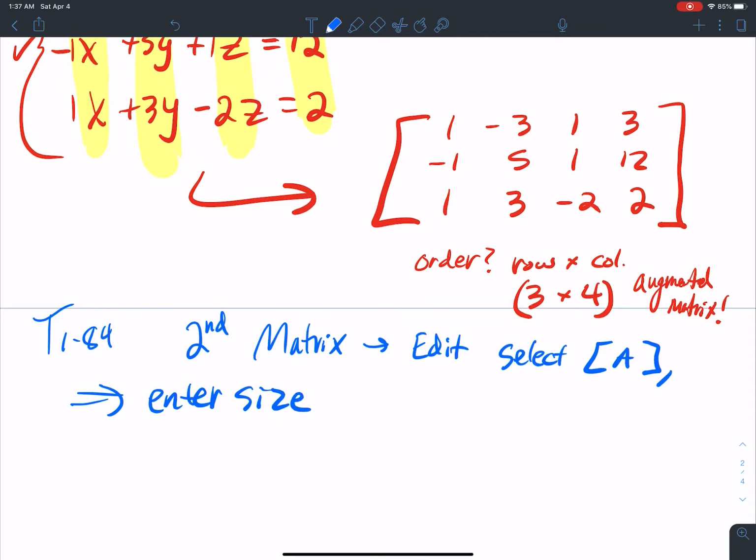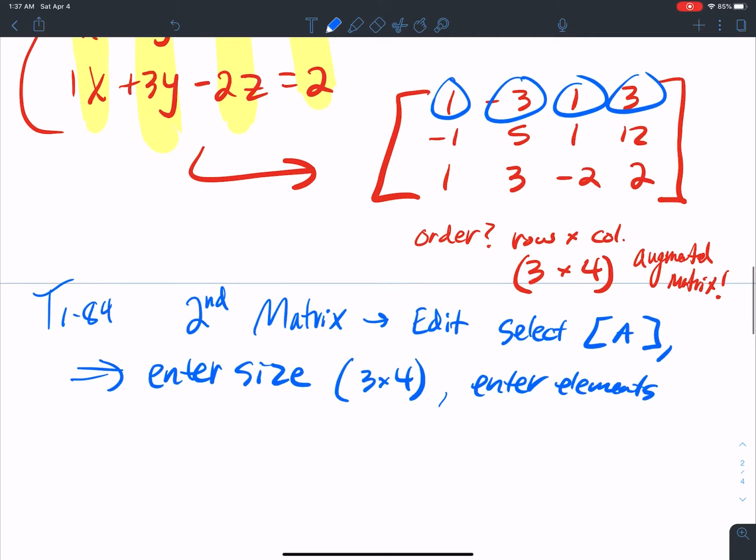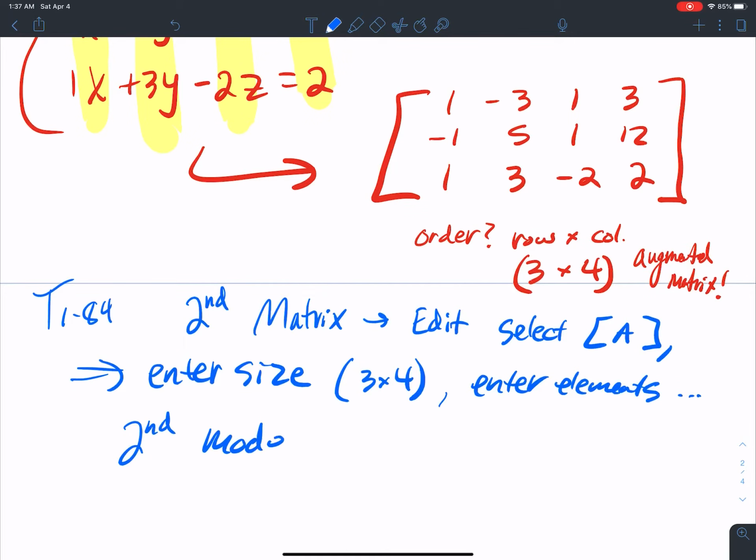What's the size? That's the order. It's a 3 by 4. Then you enter the elements, the numbers. All the numbers. All 12 of them. After you do that, hit second mode to quit, because you want to get out of the screen.